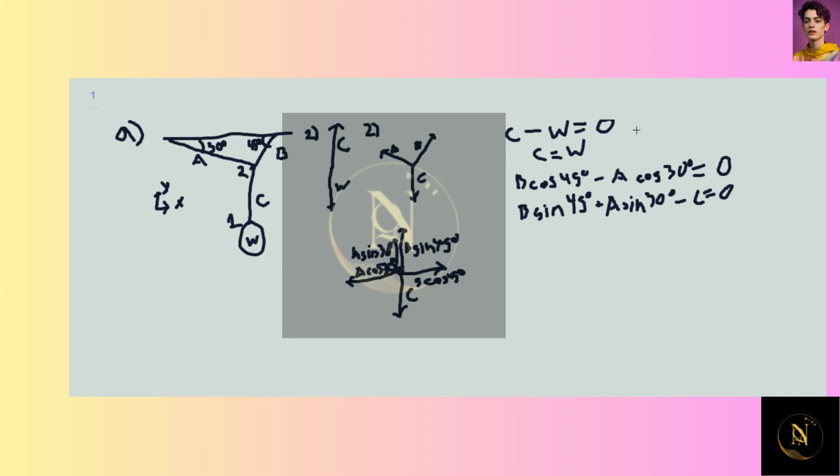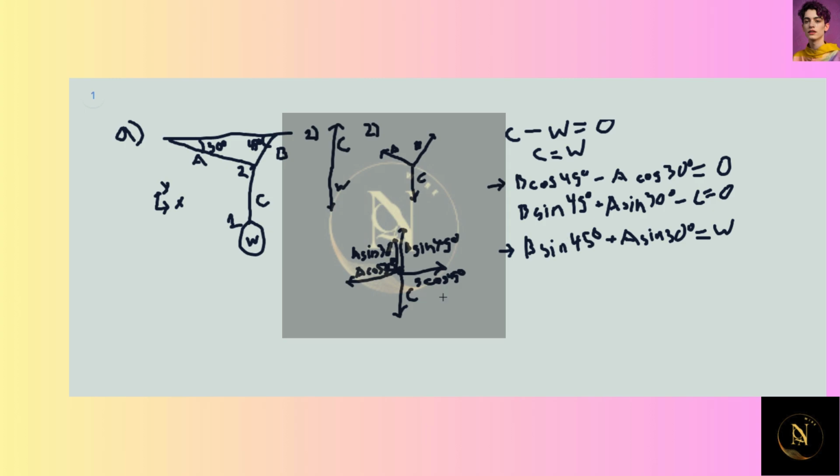First things first, I can substitute W in for C here and move it over to the other side, and that will give me this equation here. Now I have a system of 2 unknowns and 2 equations, here and here.